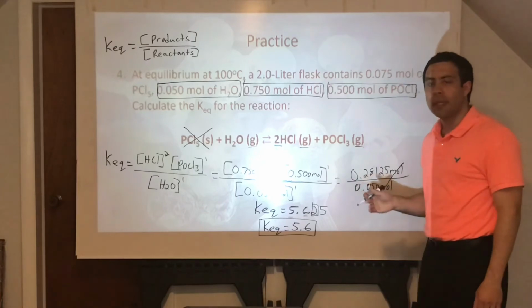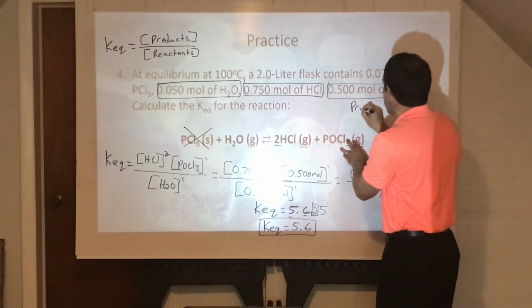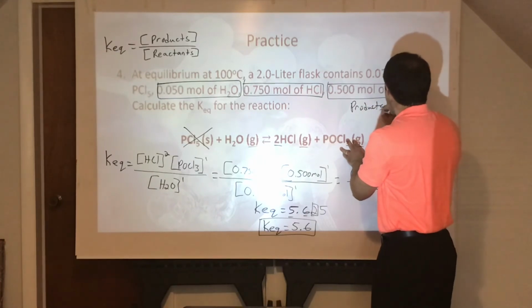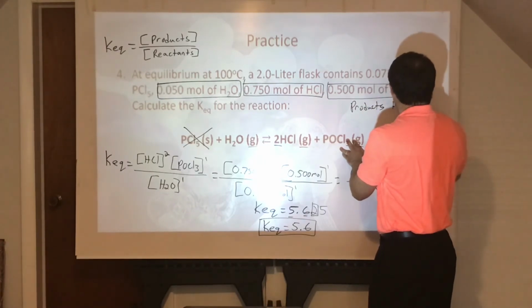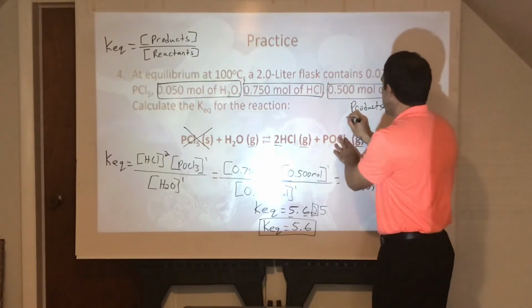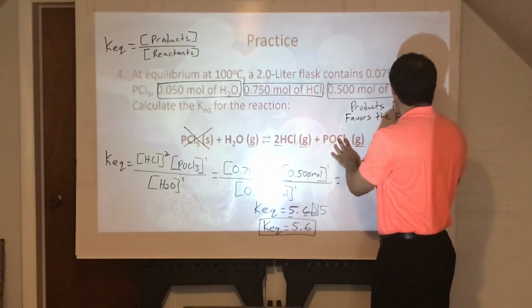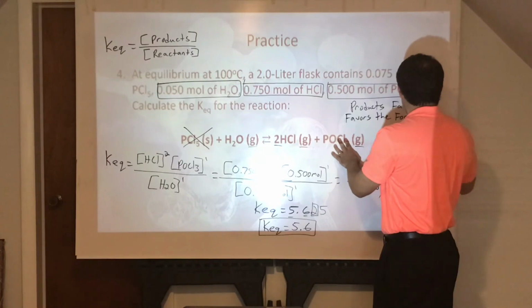Since 5.6 is a value greater than 1, the products are favored. Or you can say the forward reaction is favored. This favors the forward reaction.